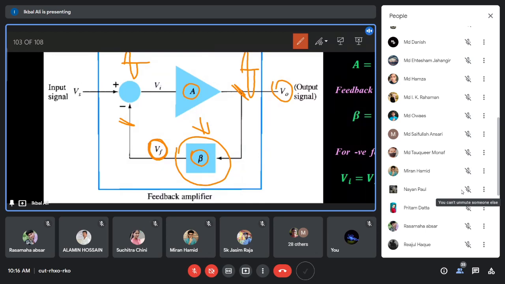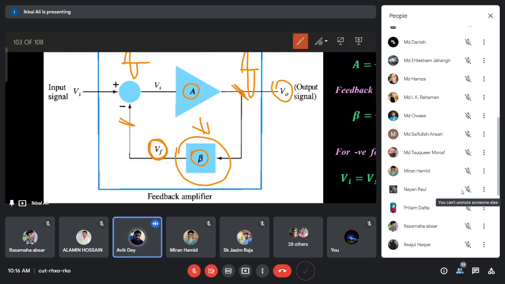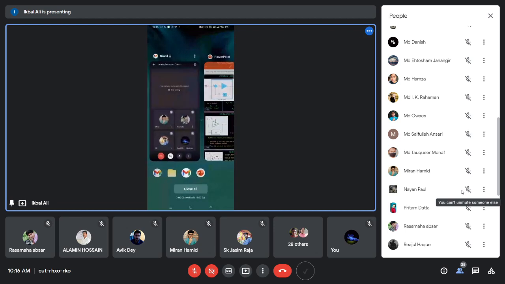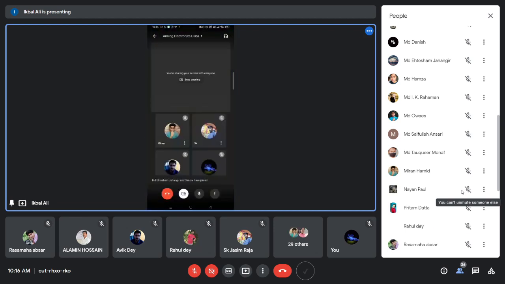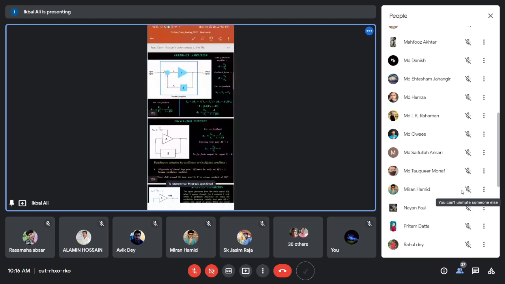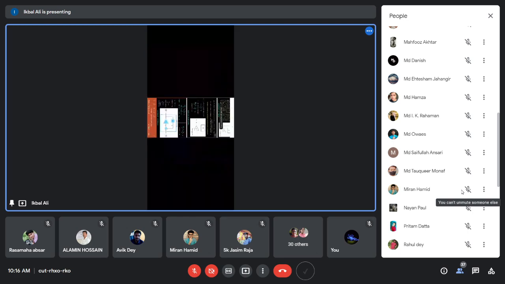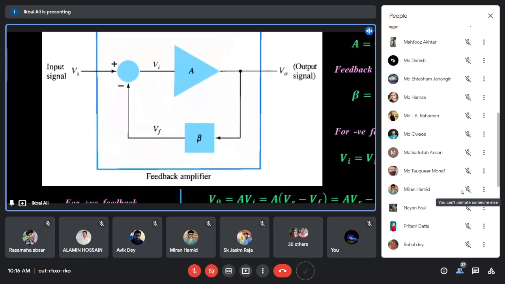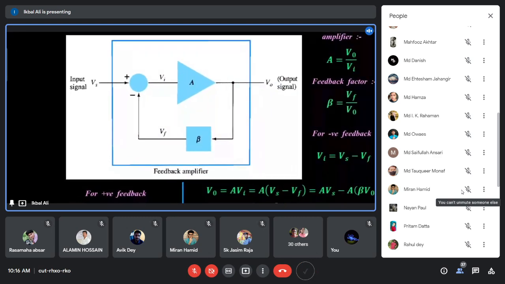And if you have a positive feedback, then we can generate signal. In this positive feedback system, if you put A beta equal to 1, then it will generate signal.